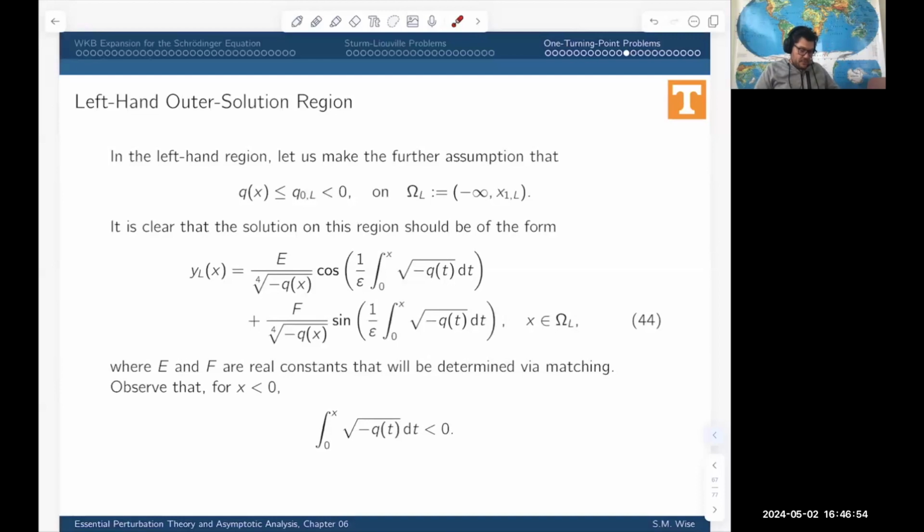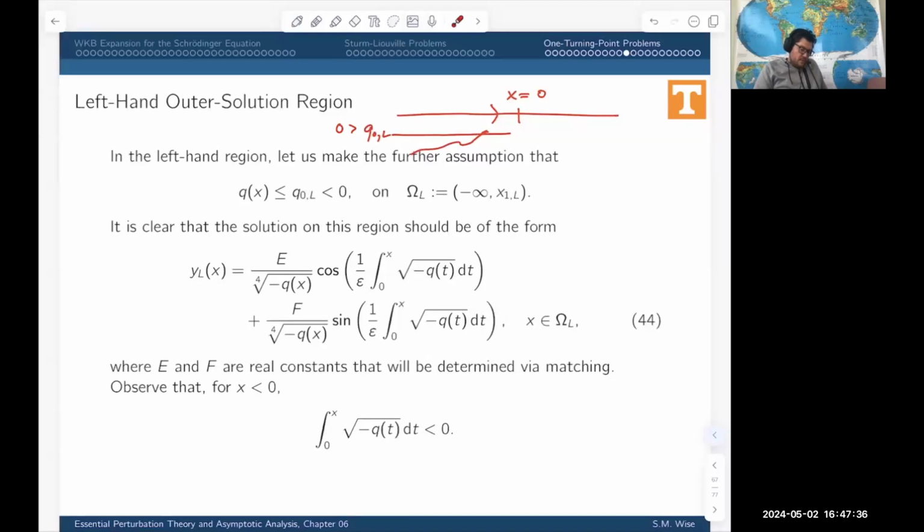So in the left-hand outer solution region, in other words, we're to the left of x equals 0, we're assuming that Q is always bounded away from 0 by something we're calling Q0L, which is strictly less than 0.